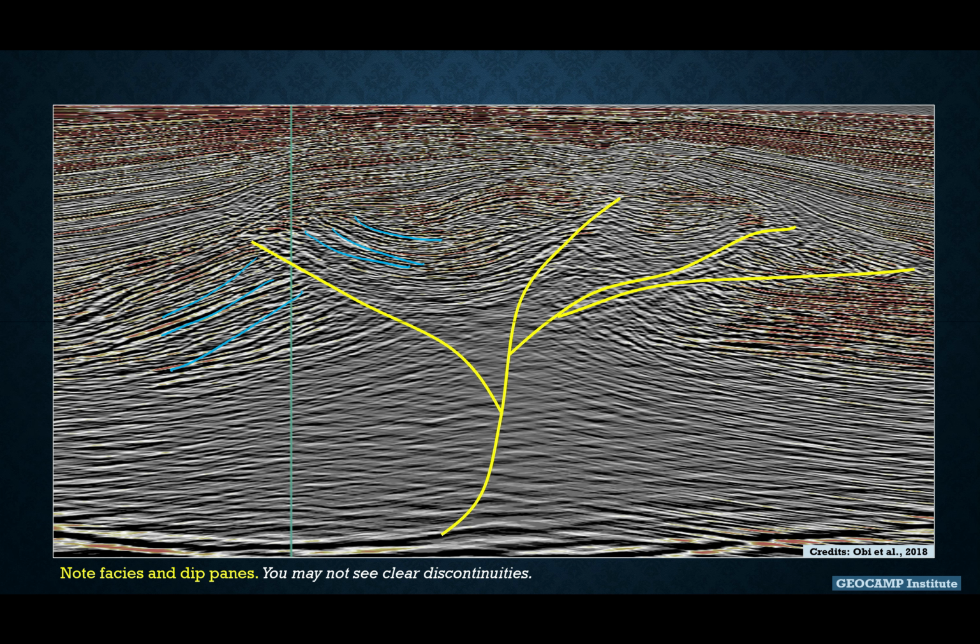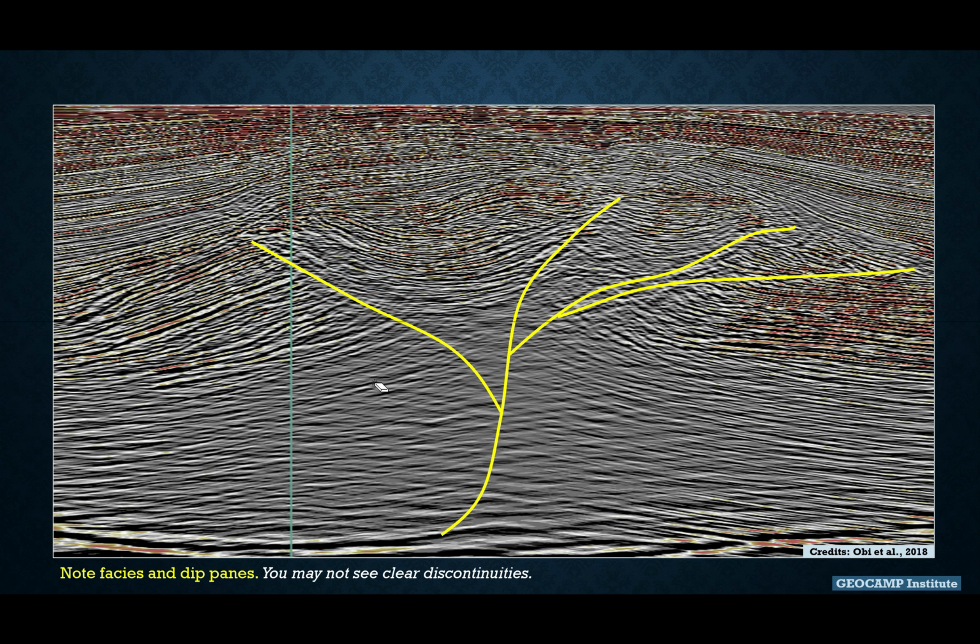So what that tells us is that everything here has moved up relative to what we have on this other section, because it's up. This whole package is shallower than its equivalent on the other side. So based on that, you can interpret that you have a reverse fault in this area.